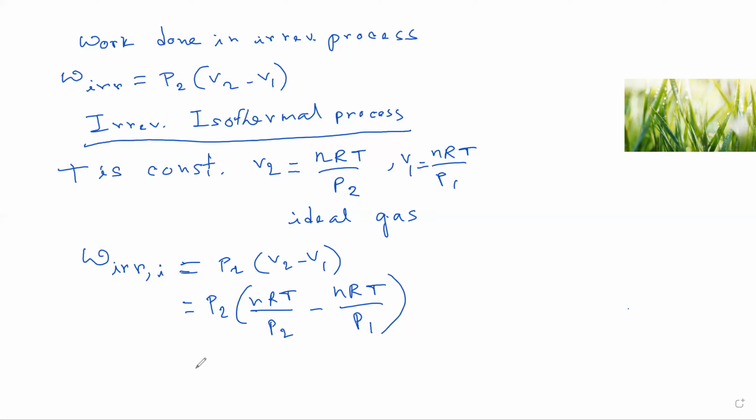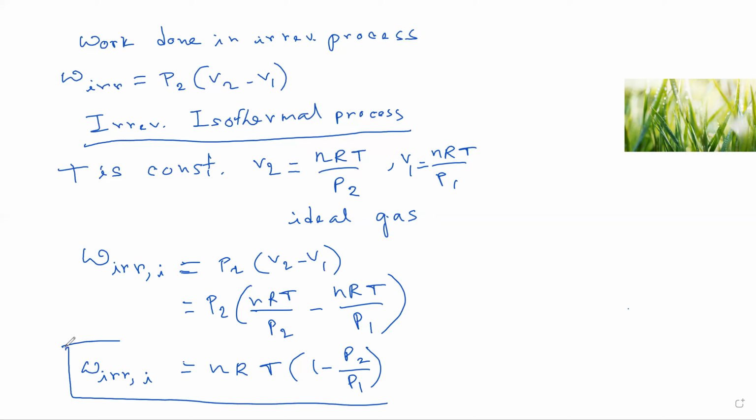We can take nRT common and it will be nRT into 1 minus P2 by P1. This is the mathematical expression for work done in case of an irreversible isothermal process of an ideal gas.